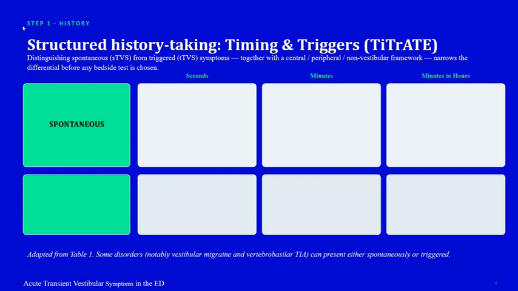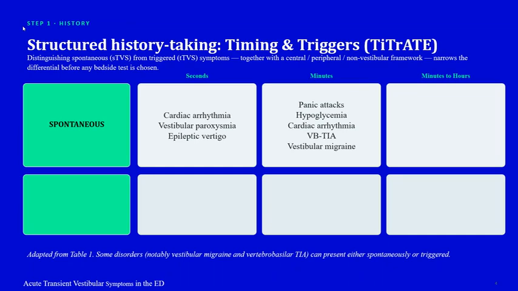The episodes are spontaneous, lasting seconds, minutes to hours. The spontaneous and triggered. The spontaneous ones lasting seconds are cardiac arrhythmias, vestibular paroxysmia, and epileptic vertigo.